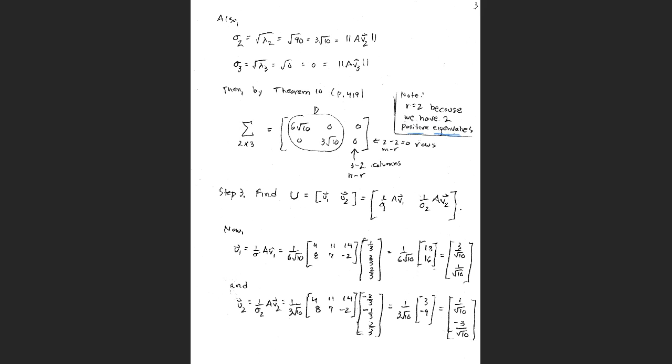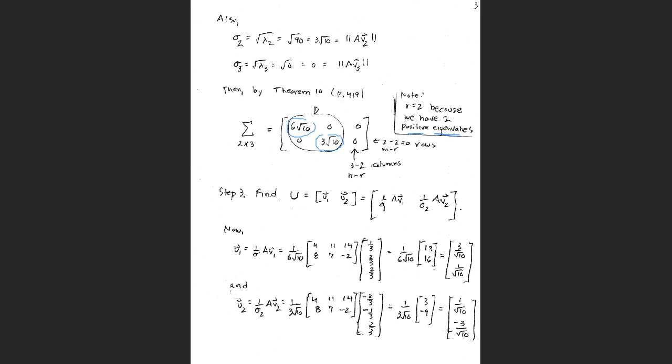That means we have two positive singular values. The positive singular values were 6 root 10 and 3 root 10. And those go on this diagonal matrix right here that I've circled. It says D, which stands for diagonal matrix.